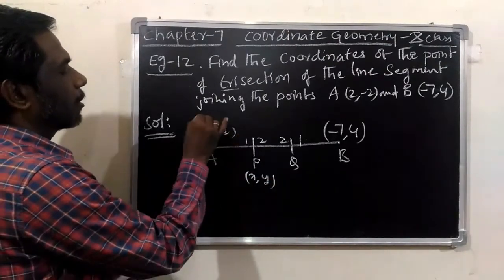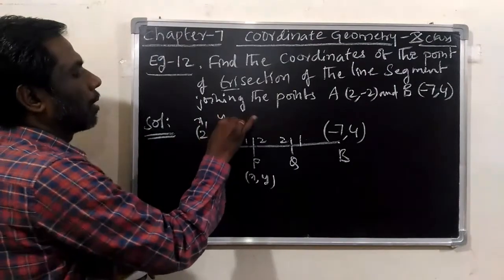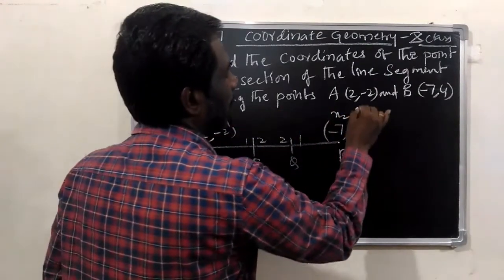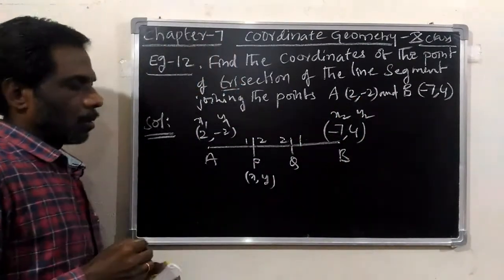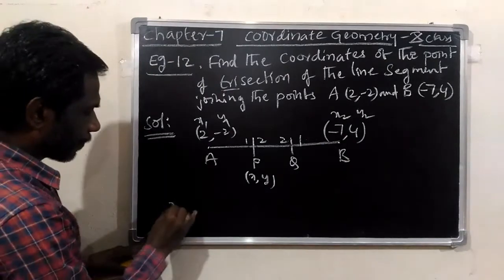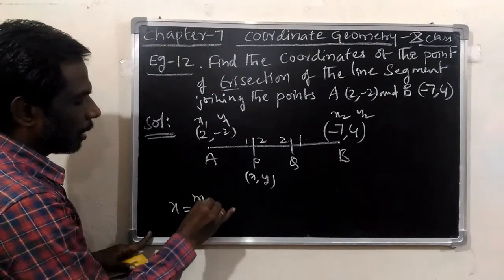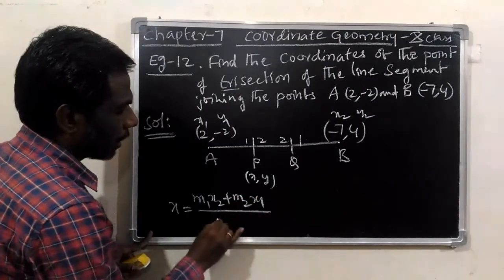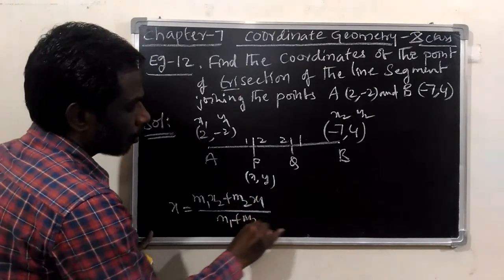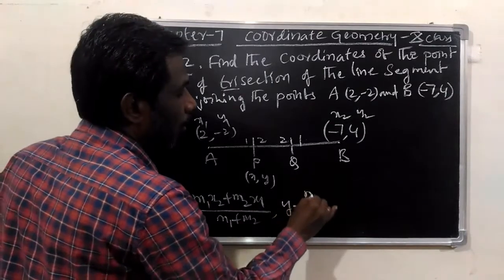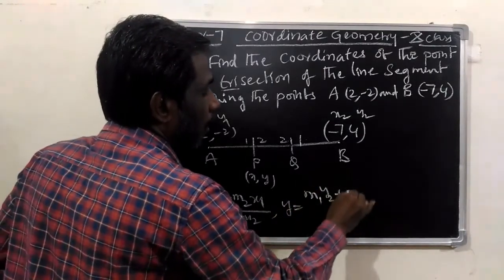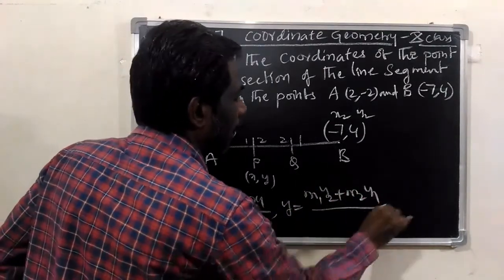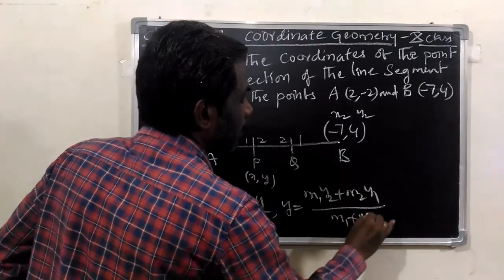The first point's coordinates are x1, y1 and the second point's coordinates are x2, y2. Now write the section formula: x equals (m1 x2 plus m2 x1) by (m1 plus m2), comma, y equals (m1 y2 plus m2 y1) by (m1 plus m2).